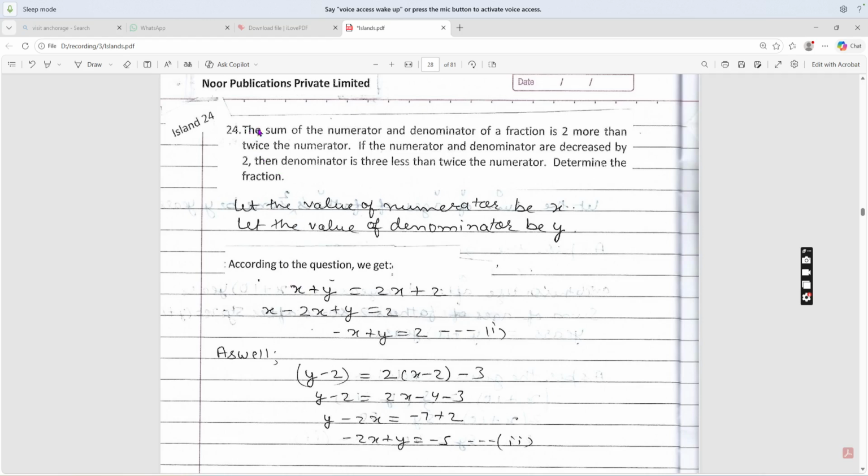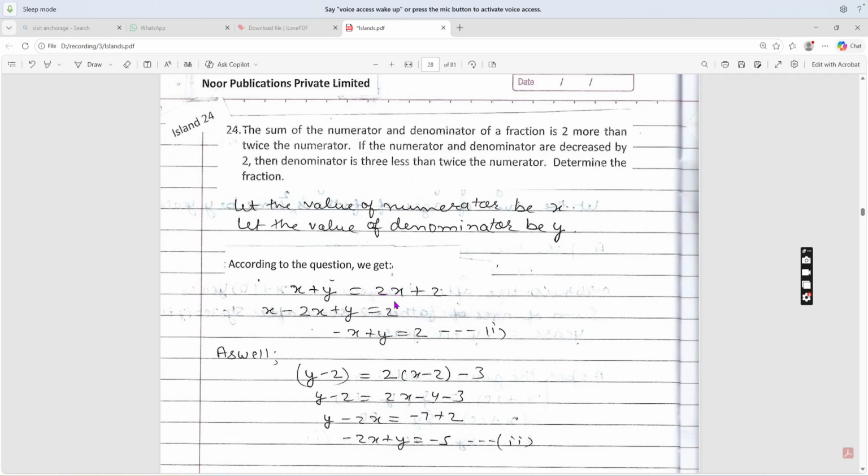Just see the sum of the numerator and denominator. Now, what is the sum of numerator and denominator? Numerator is represented by x, denominator is represented by y. So its sum would be x plus y. That is what we have put on the LHS, which is equal to 'is'. Whenever 'is' is there, we have to put the sign of equality. 2 more is represented by plus 2, then twice the numerator, 2 into numerator.